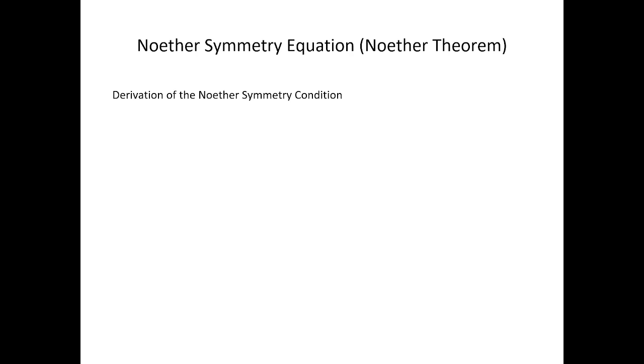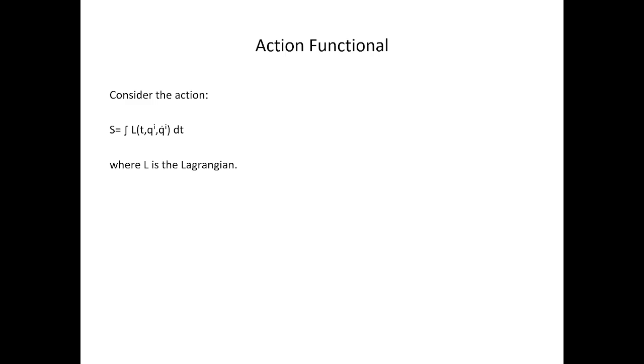This equation is used in many fields, for example in relativity, where we use it to find the Noether symmetries of space-time and the conservation laws. So it's deeply connected with the Lagrangian formalism. Noether symmetry is the symmetry in which the action of the given dynamical system remains invariant. So let's start.